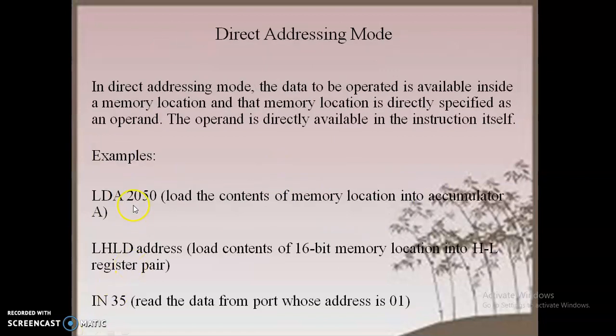So in address 2050, there may be a value stored. That value is transferred to the accumulator, that means register A. Then LHLD address means load the content of the 16-bit memory location into the HL pair.